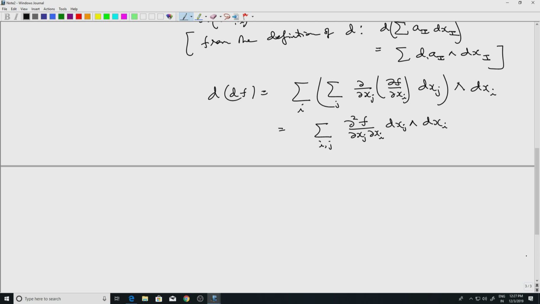Well, when i equals j, I get dxi wedge dxi, that will be 0. So we just have to consider two cases: i less than j of this expression plus i greater than j of this expression.